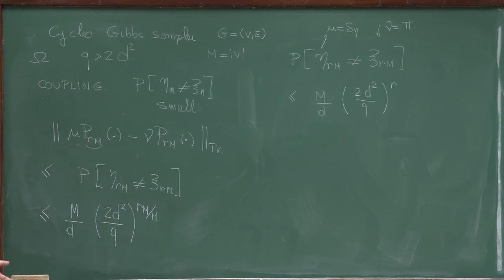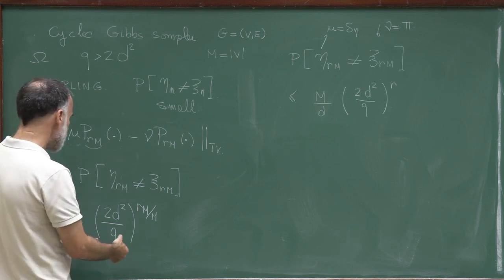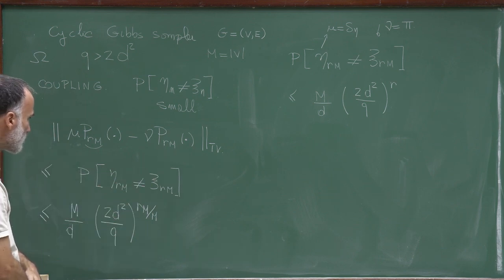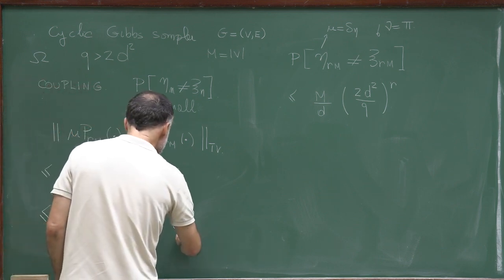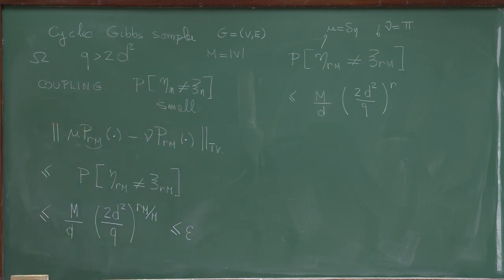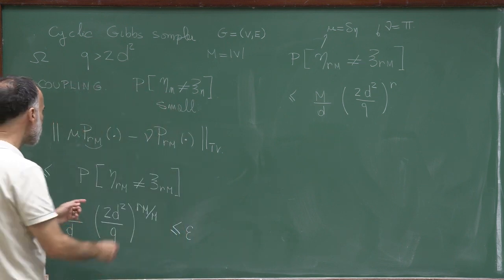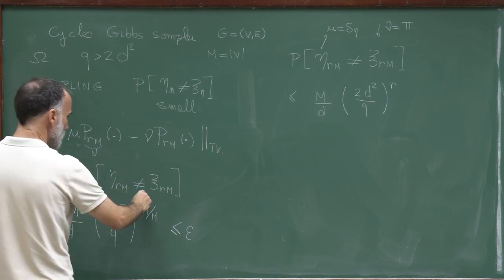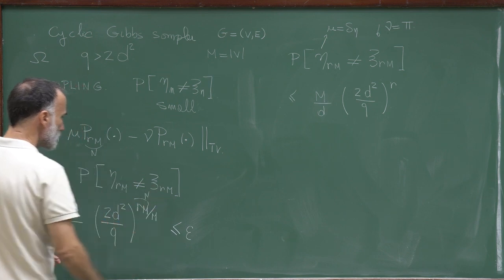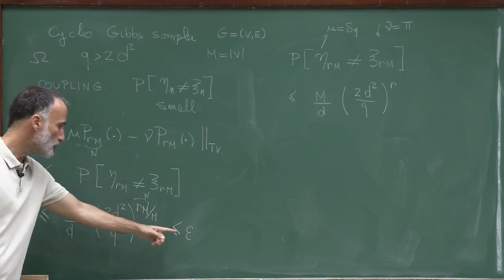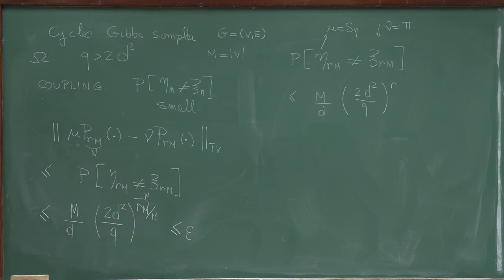And so this tells me that this difference is decreasing exponentially fast, and if I want an estimate of the mixing time, I want this to be bounded by epsilon, and let me call that n. My question is, how large does n have to be for that quantity to be bounded by epsilon?